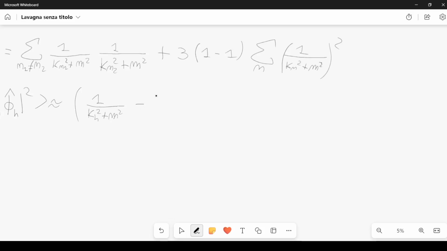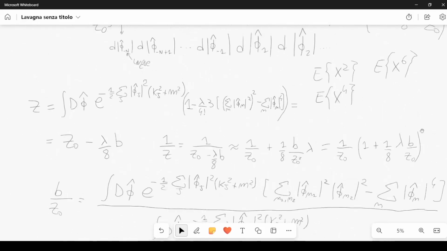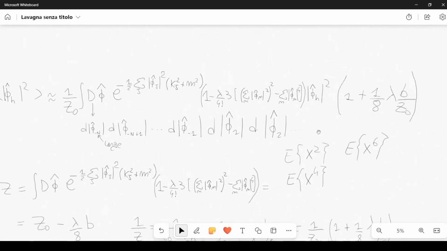So one term is minus lambda over 8, and then you have to sum over n1 and n2 such that n1 is not equal to n2, n1 is not equal to h, and also n2 is not equal to h. What I'm going to write here will be the result of the integral, in particular this one here.